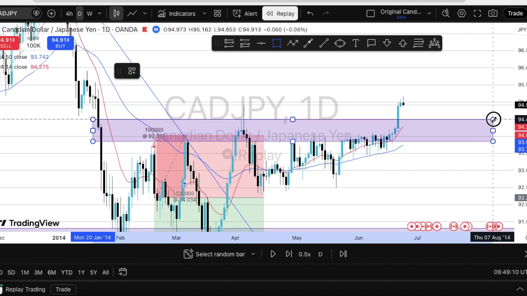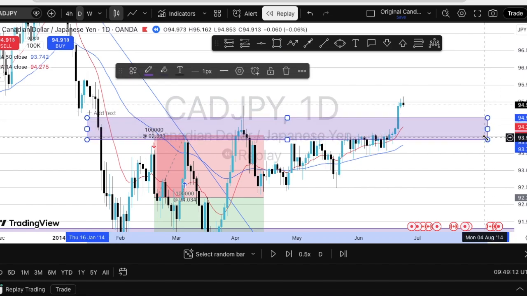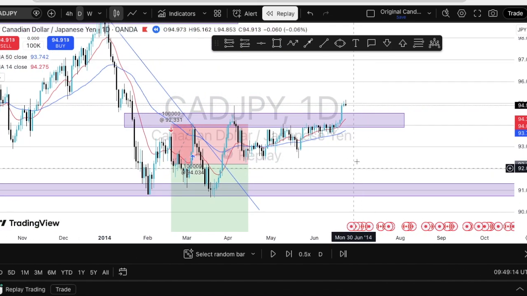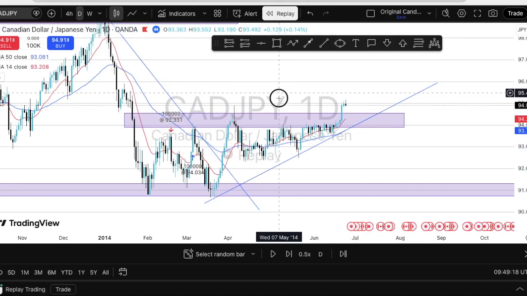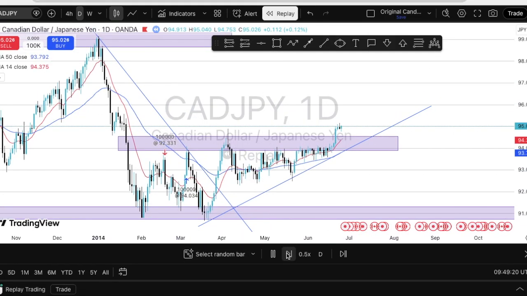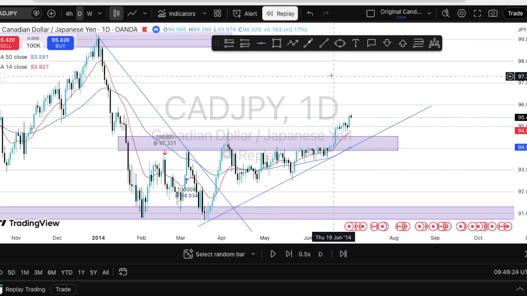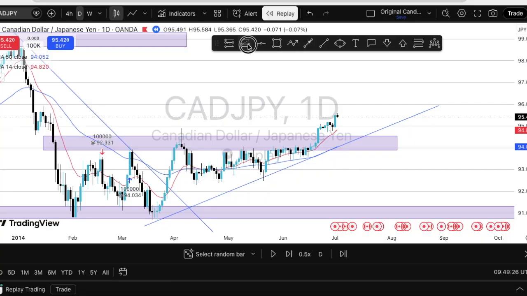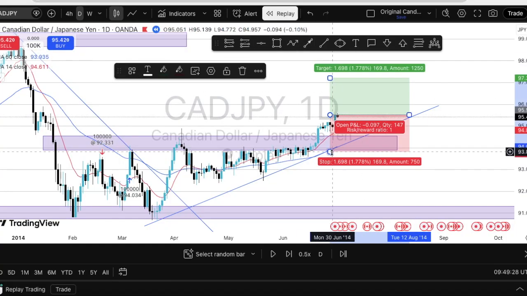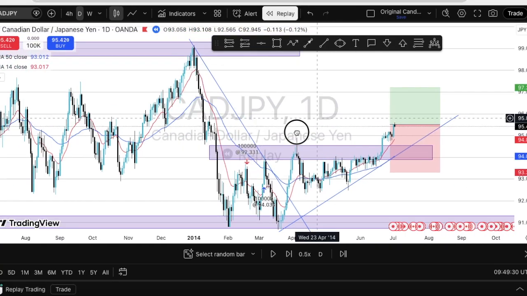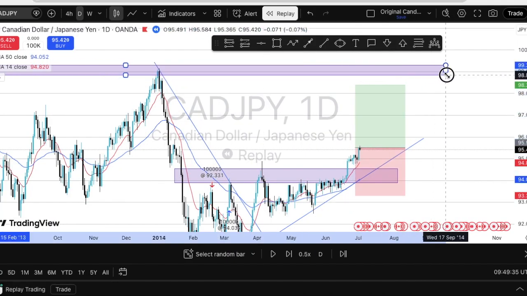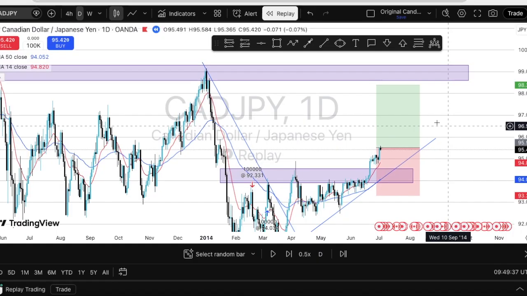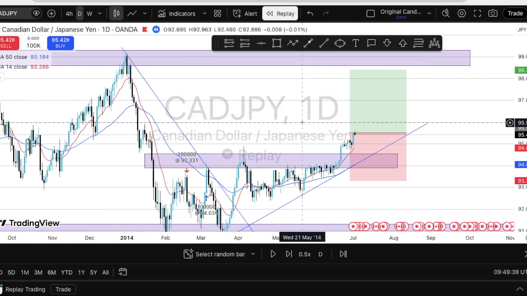What we are looking for is a pullback in order to involve ourselves as buyers in this trade. That's all I'm looking for right now to buy. All right, that makes sense to me. Create a new low. As long as our lows is here, we are good. Let's see if price can come all the way back up here for like a 1 to 1 point something.